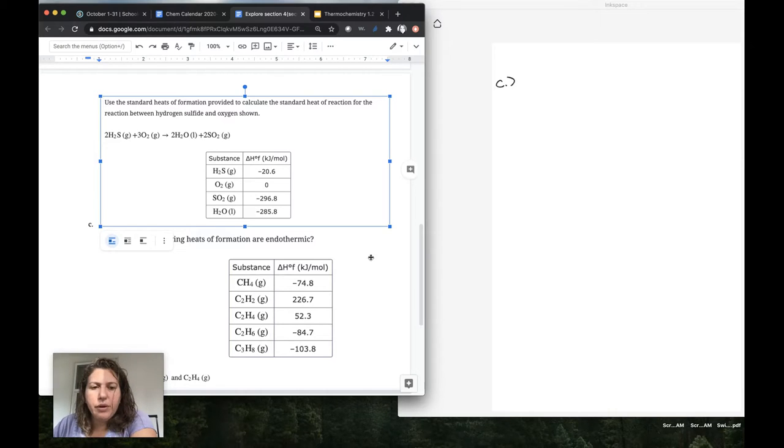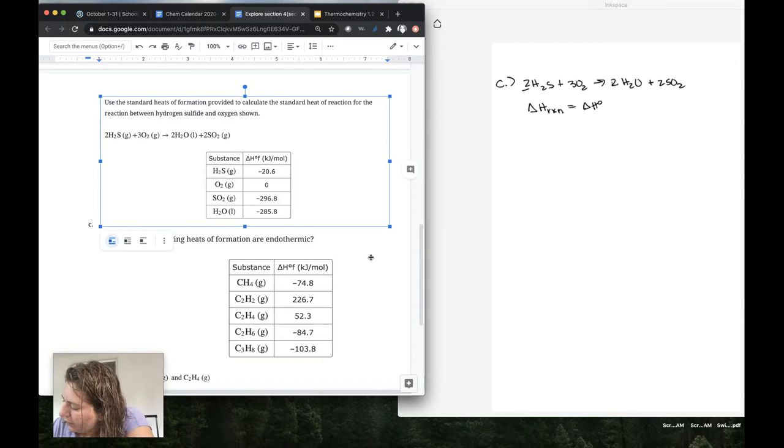So the equation that I'm looking at for this one, I always like to write it out, is my 2H2S, so again, coefficient, plus my 3O2 yields my 2H2O plus my 2SO2. Okay, so again, the equation that I'm using here is delta H of the reaction is equal to delta H of my products minus delta H of the reactants. Okay.